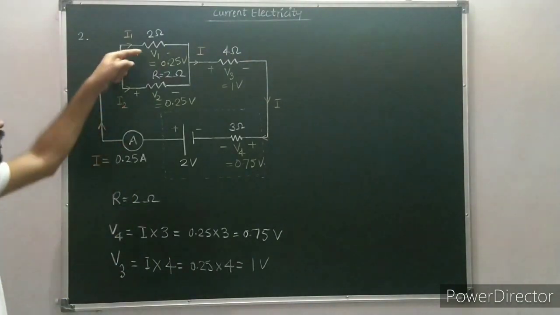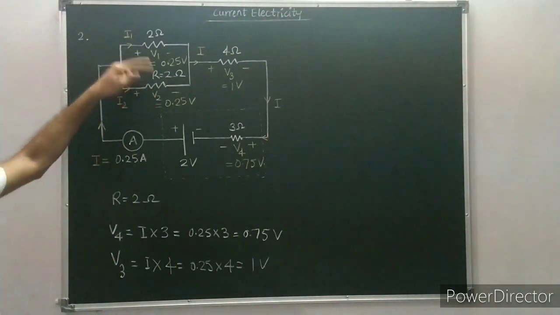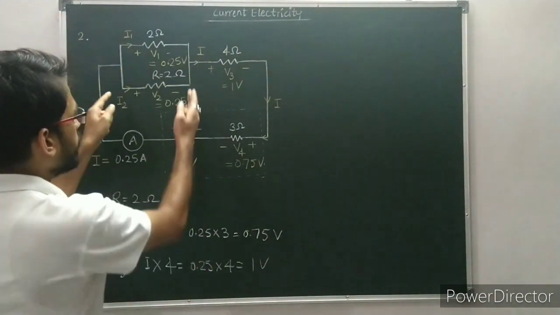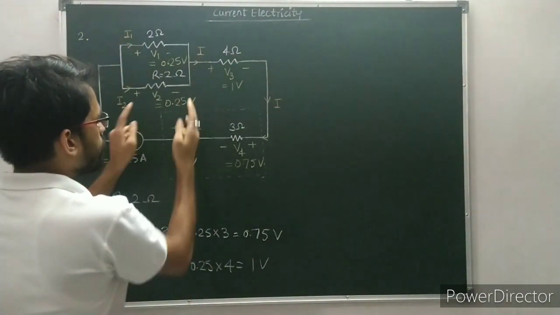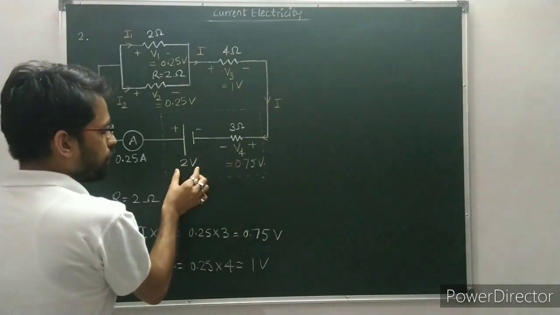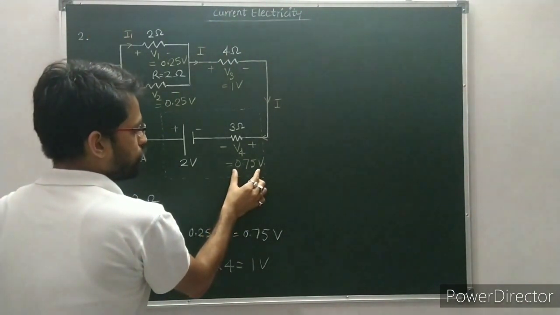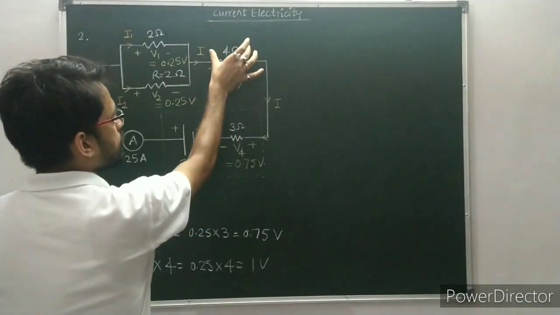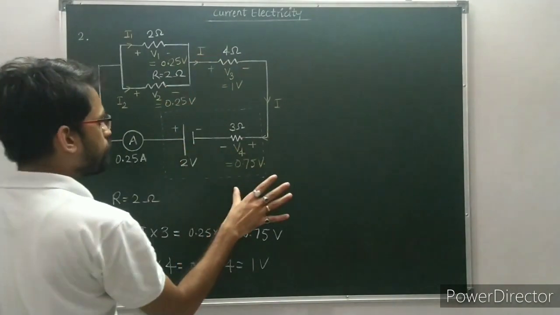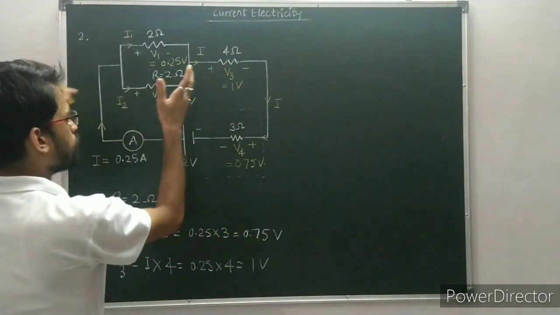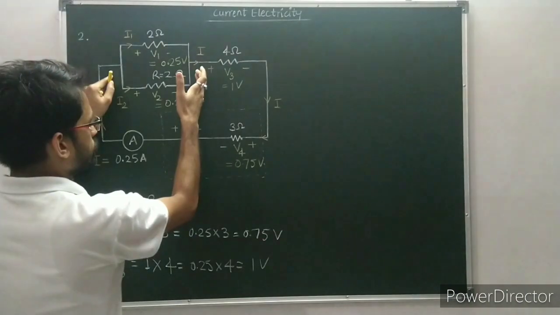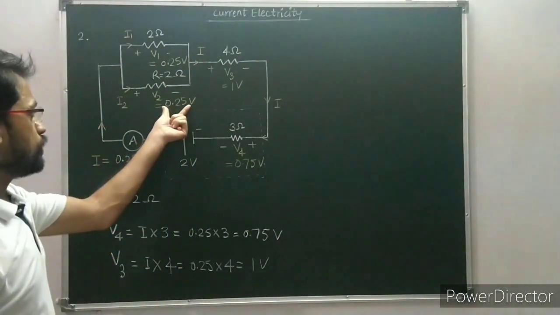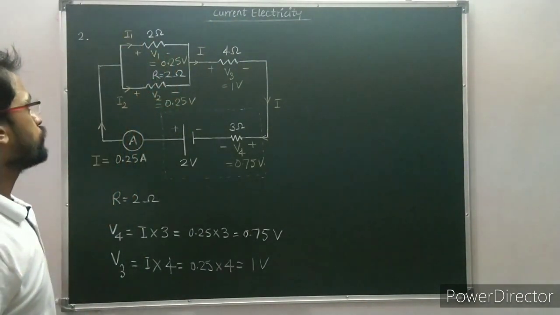Both will be at the same potential because both are connected in parallel. And why is the potential difference 0.25? Because out of 2 volt, 0.75 appears across 3 ohm and 1 volt appears across 4 ohm, and the remaining 0.25 must appear across this. So this is 0.25 and this is also 0.25.